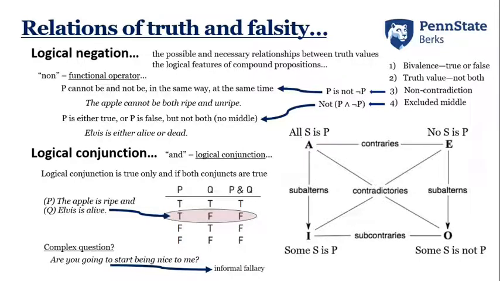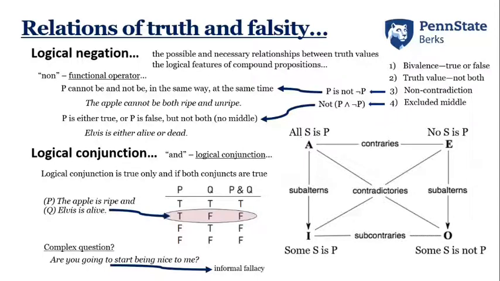So what it is doing, it's giving the idea that there are two various propositions put into a compound proposition that are brought together by the logical conjunction and. But it's really not. There's something about it that sounds true when you first hear it, but we also know that there's something wrong with it. For instance, if somebody were to say to you, "Are you going to start being nice to me?"